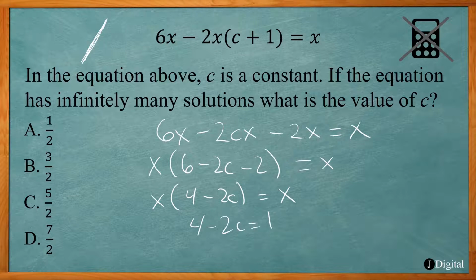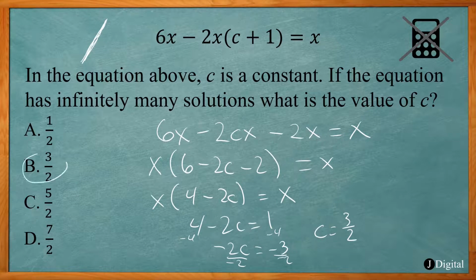So I'm going to set that equal to 1 and solve for c. Subtract 4, and divide by negative 2. So c equals 3 over 2. Remember, two negatives give you a positive, so it's positive 3 halves. So c needs to be 3/2, answer choice B.